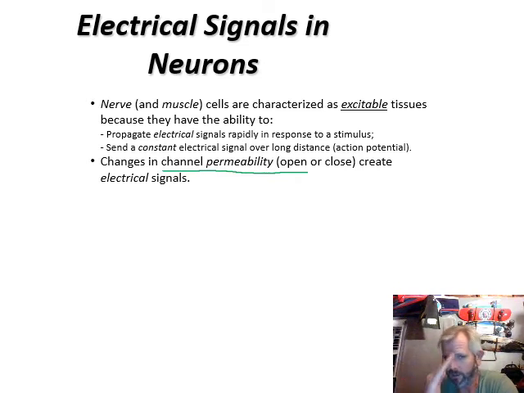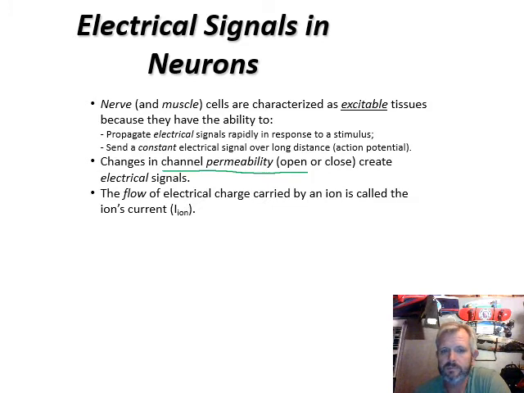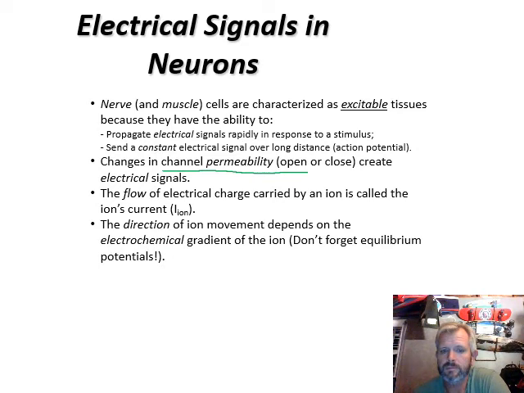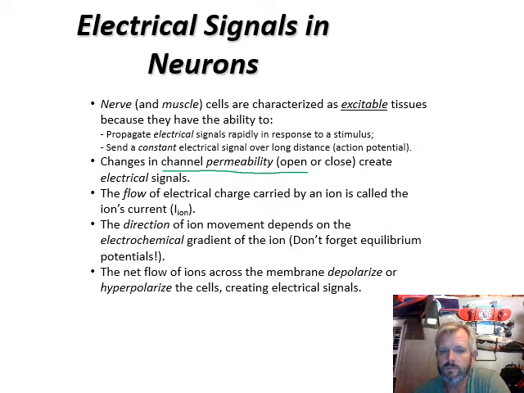The charges that are moving are the ion charges, those of sodium moving in, to create an electrical signal. Depending on what ion we open to, we can either depolarize or hyperpolarize the cell.